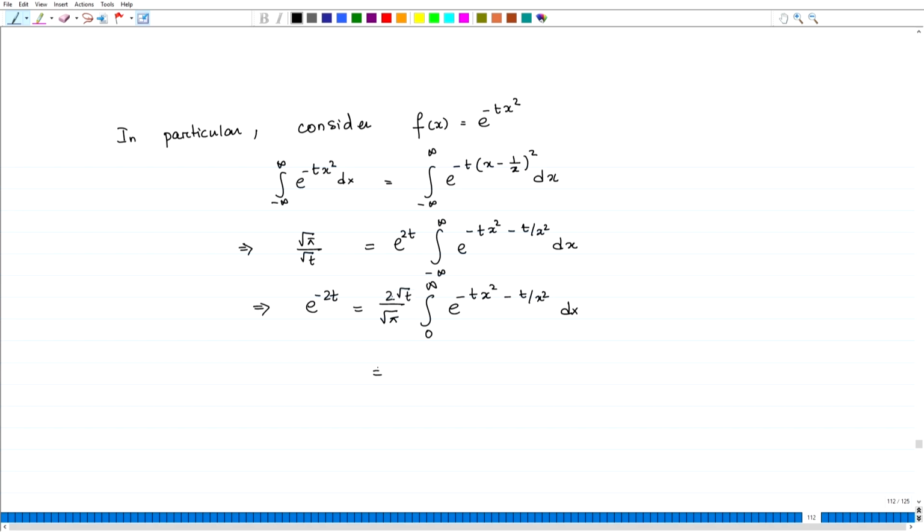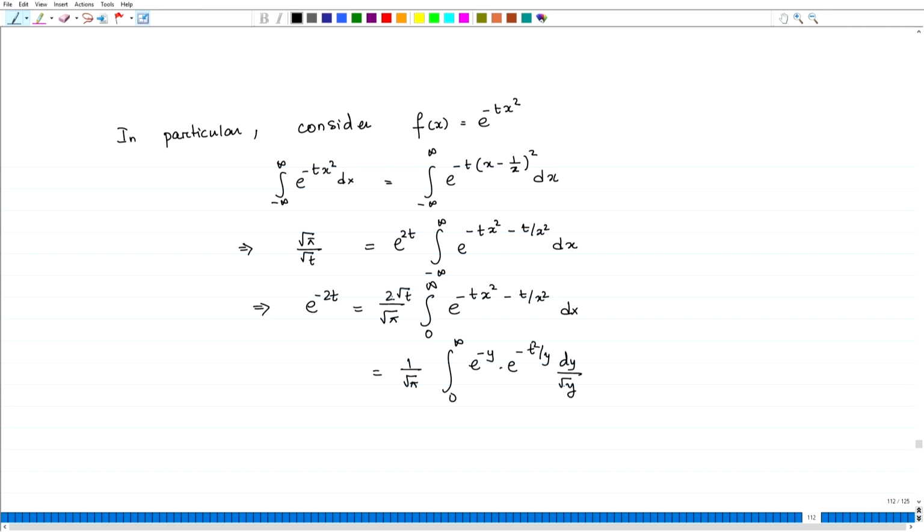Now, making a change of variable t x square equal to y, what we are going to get is that this is 1 by square root of pi, the integral from 0 to infinity of e to the power minus y, e to the power minus t square by y, dy by square root of y.